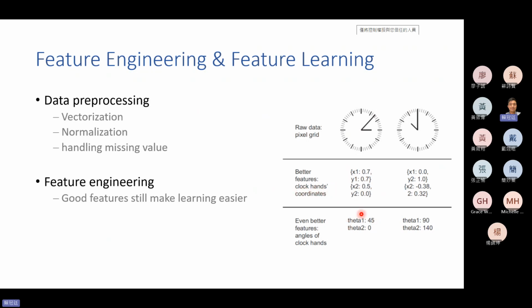However, because they run in circles, you can use theta to represent the angles of the clock hands. If we use theta, then we only have 2 features. If we use the XY position, then we have 4 features. So for some data, you can try to find a way to represent your data more efficiently. If you have fewer features, it's easier for your model to learn better algorithms.